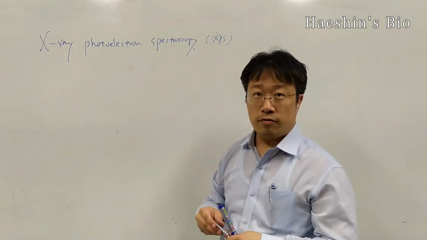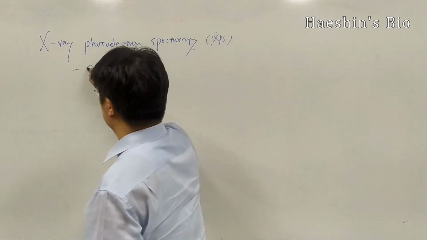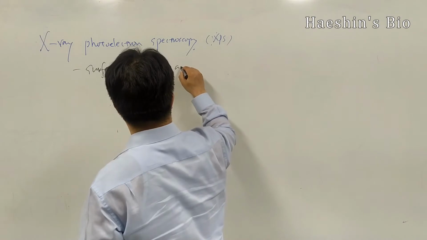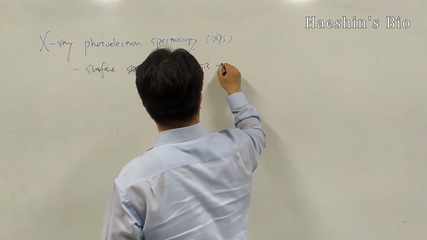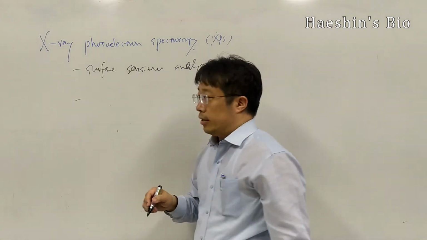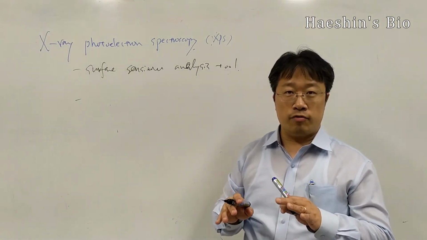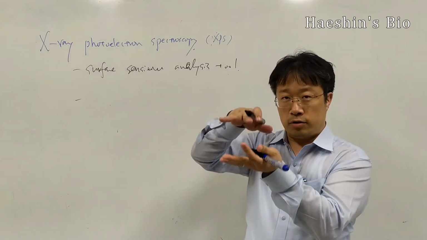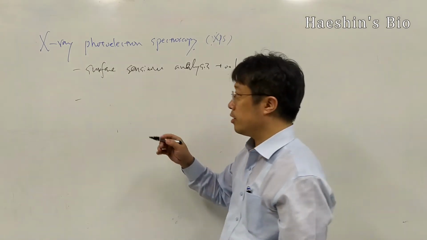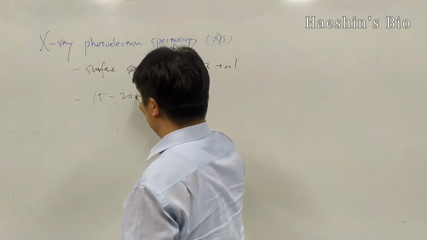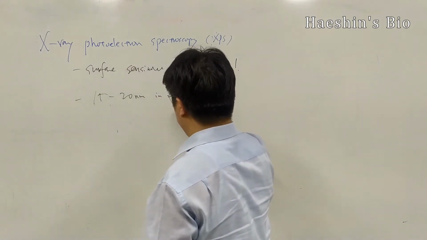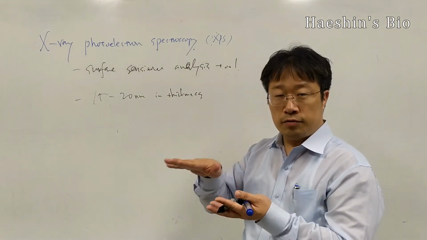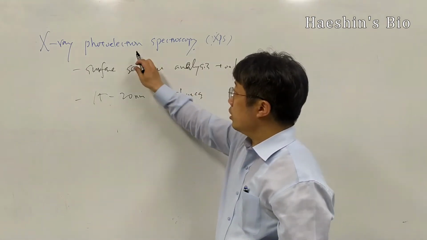That is a very surface sensitive analysis tool. The important information I give you right now is that it detects chemical composition at the very surface, at a level of about 15 to 20 nanometers in thickness.